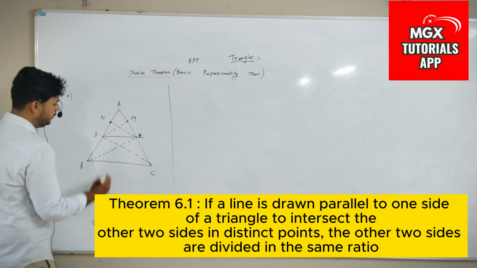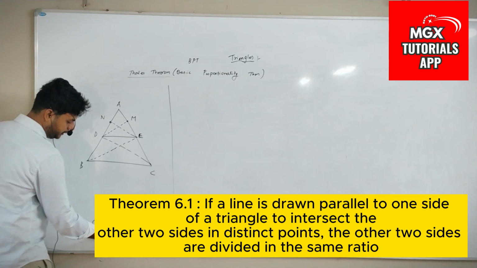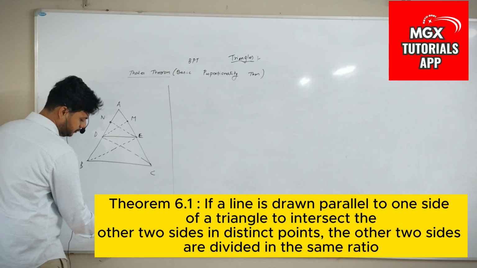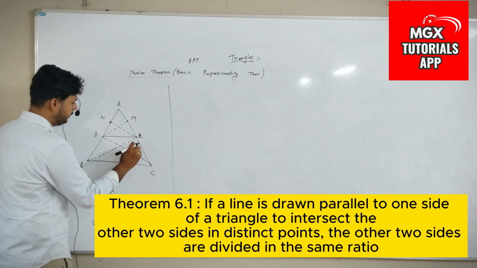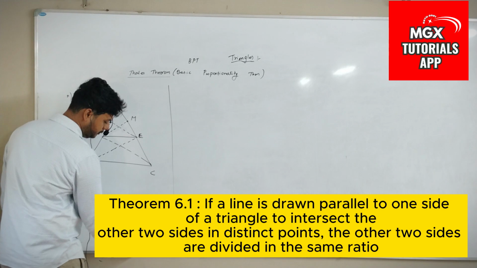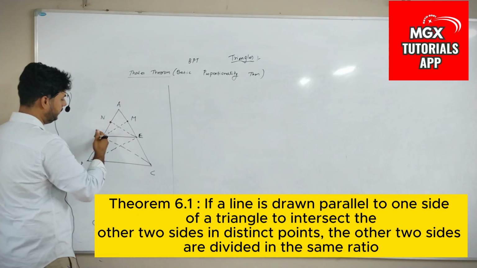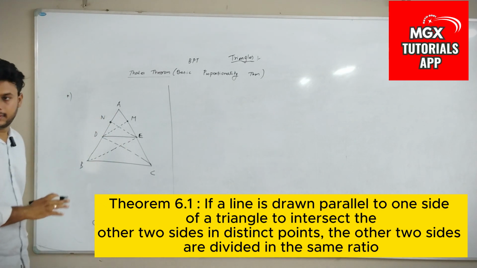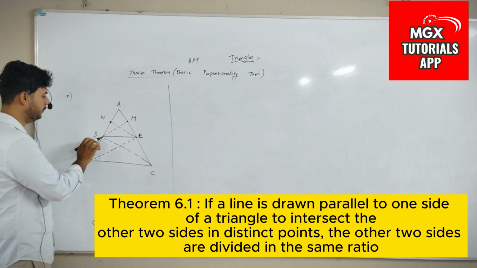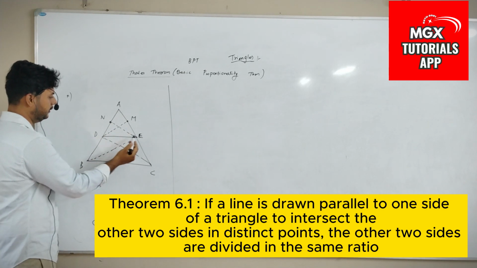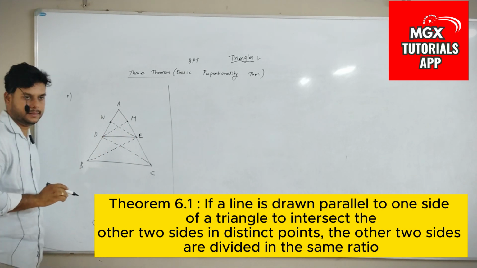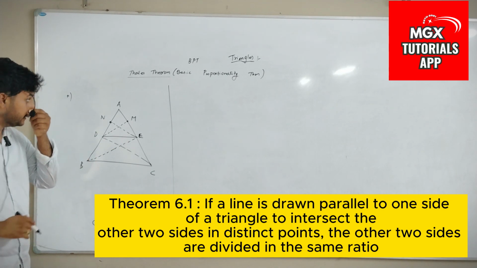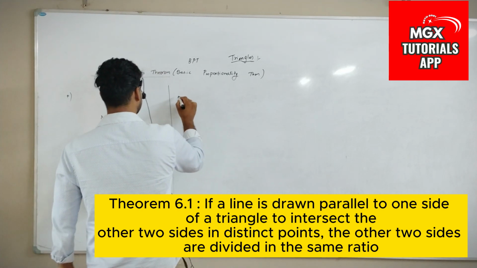So DM is perpendicular to AE and EN is perpendicular to AD. This is the construction. DM is perpendicular to AE, EN is perpendicular to AD, then join BE and DC. The proof is very easy and simple, a one shot proof.